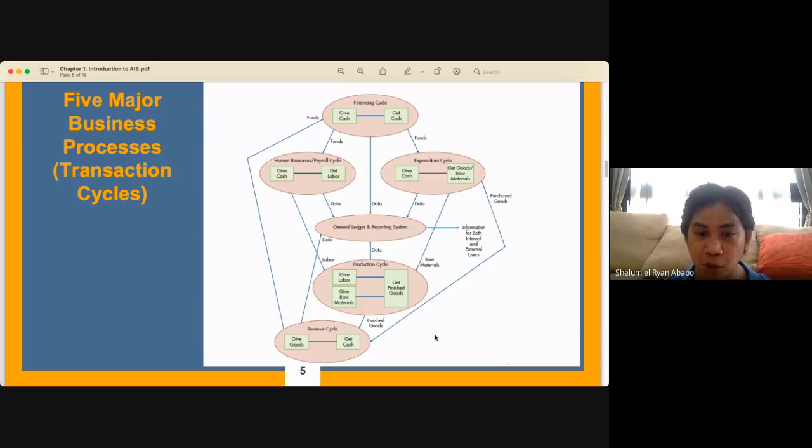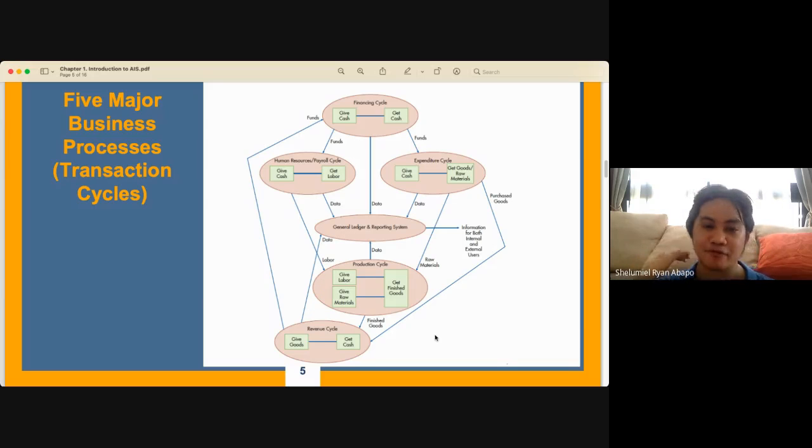And if you notice from the production cycle, class, once the goods are finished or manufactured already, the finished goods go to the revenue cycle ready to be sold to your customers. So basically, dalawa yan. The finished goods from manufacturing still to be sold, and the existing inventory or finished goods that are to be sold as well, right?